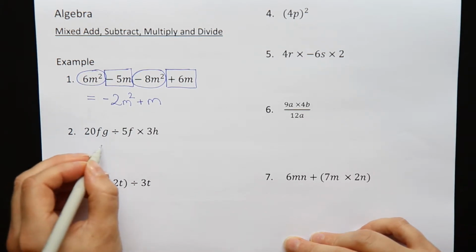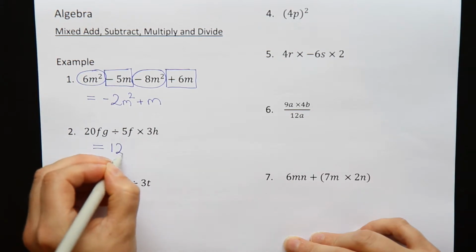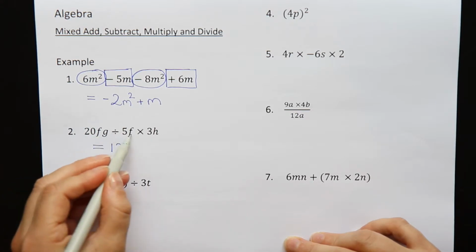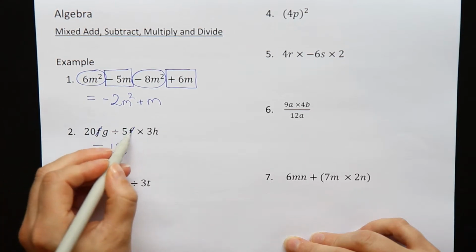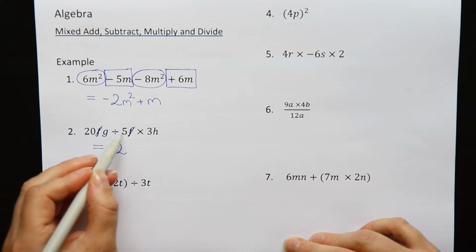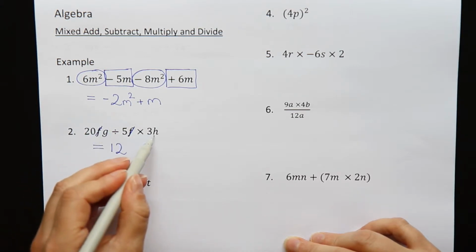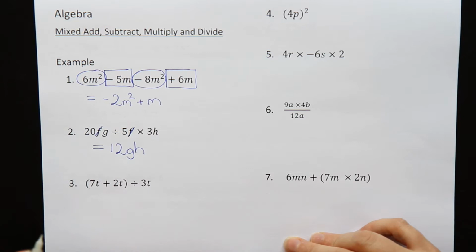So looking at our numbers, we get a 12. Looking at our letters, f divided by f means that they're going to cancel off. Okay, g, well there's nothing to divide the g by, and we have a h over here that we're multiplied by, so a g and a h is what's going to be left.